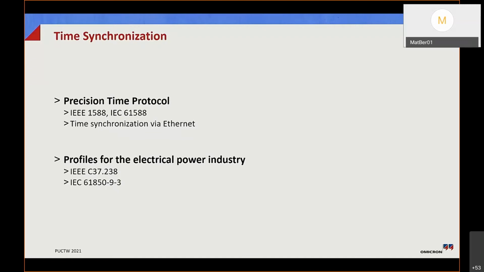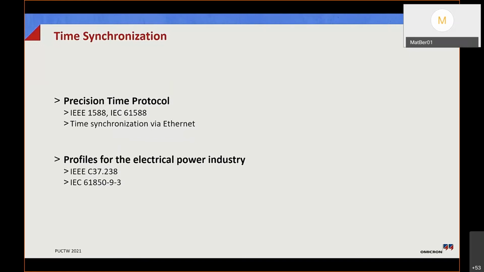And on the other hand, there were some definitions made that made this IEEE 1588 standard even more applicable for the electrical power industry, also selecting a limited number of options. And we got this IEEE profile, and then later on also 61850-9-3, which restrict the variants that you have to consider for time synchronization.